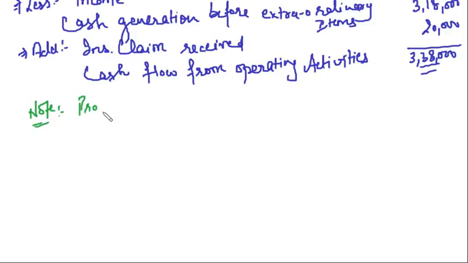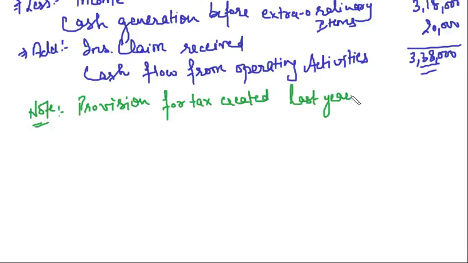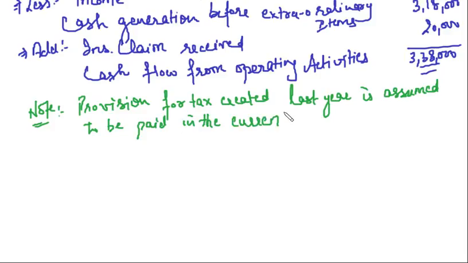Provision for tax created last year is assumed to be paid in the current year. Provision for tax created last year is assumed to be paid in the current year as income tax.